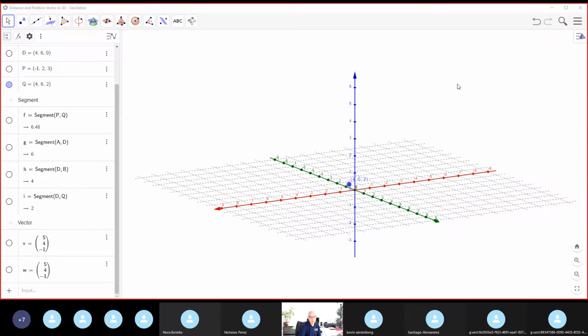Okay. I don't know why GeoGebra is frozen a little bit. Sometimes it happens, no? On my laptop it opens, but on my computer it's frozen.